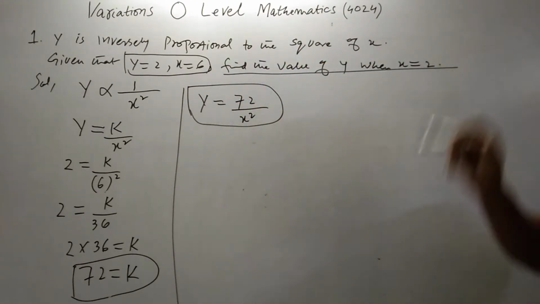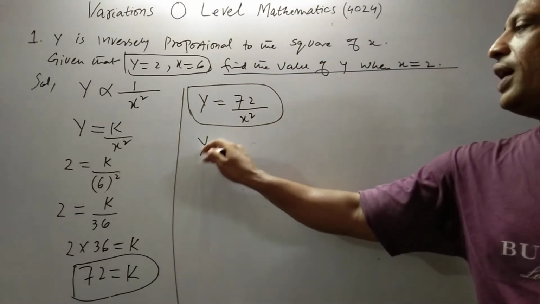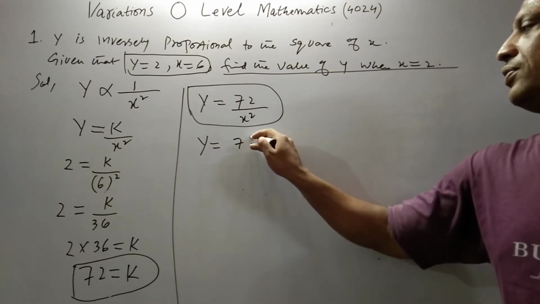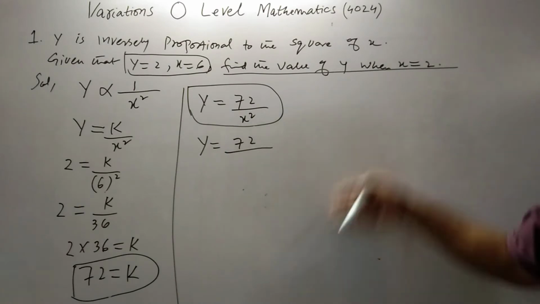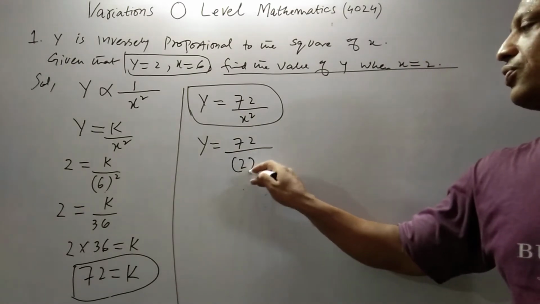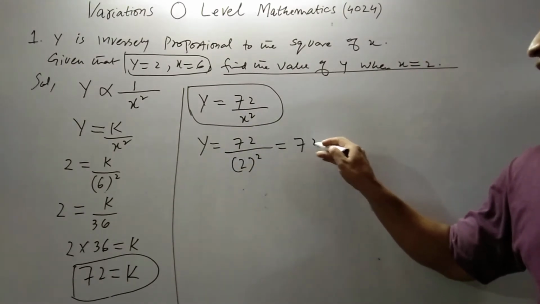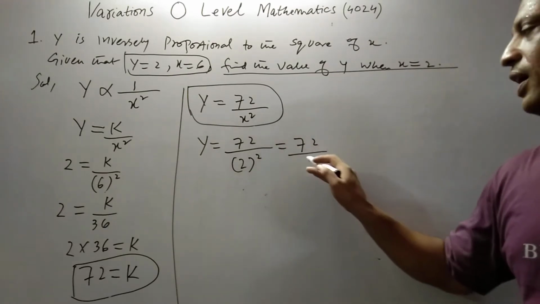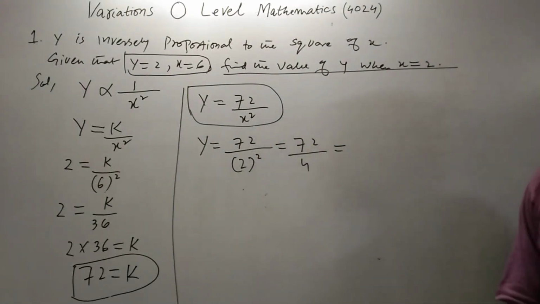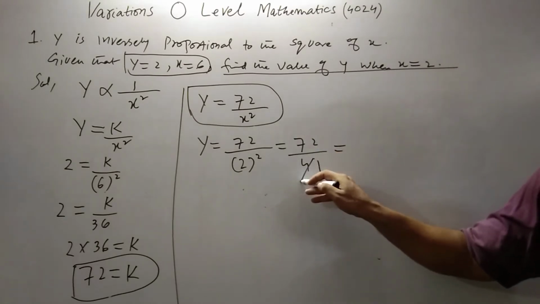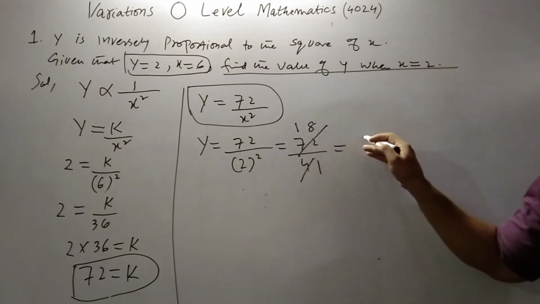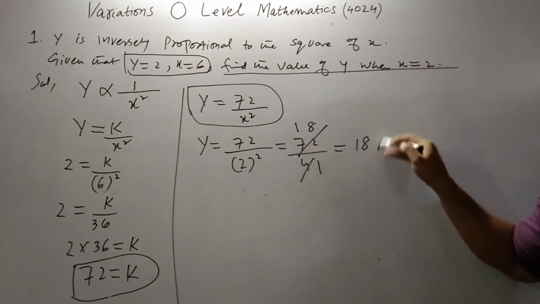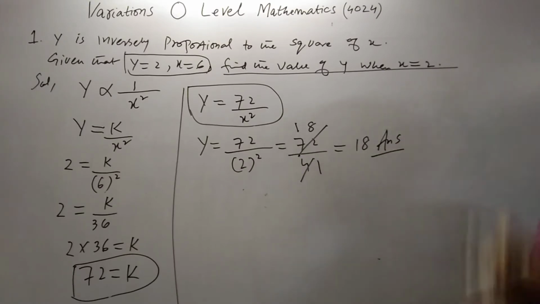Find the value of y when x is equal to 2. y is equal to 72 upon x square. x is 2, so 2 square. 2 2s are 4. 4 8s are 32. So the y value is 18. This is our final answer.